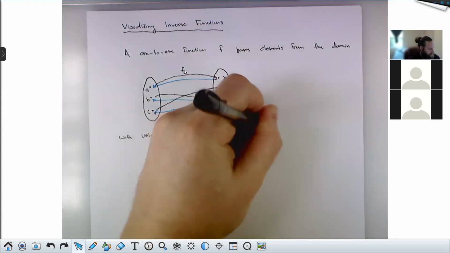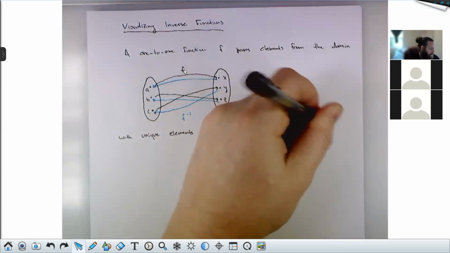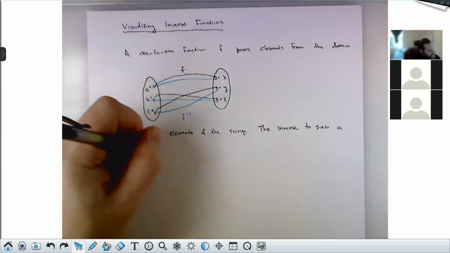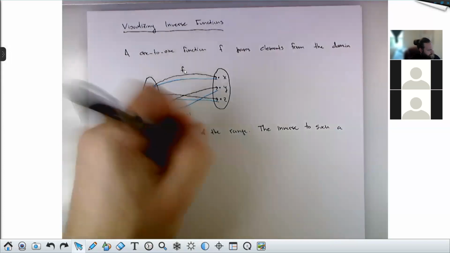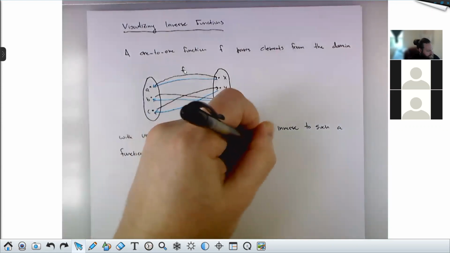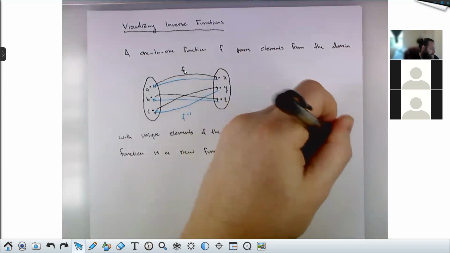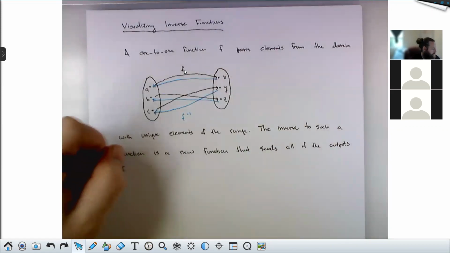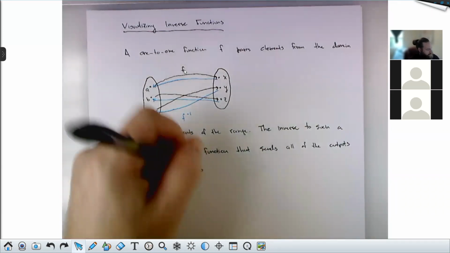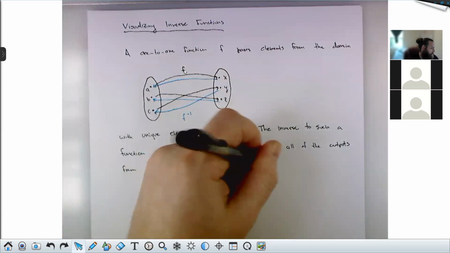Let's say the inverse to such a function is a new function that sends all of the outputs from f back to the inputs from which they came.